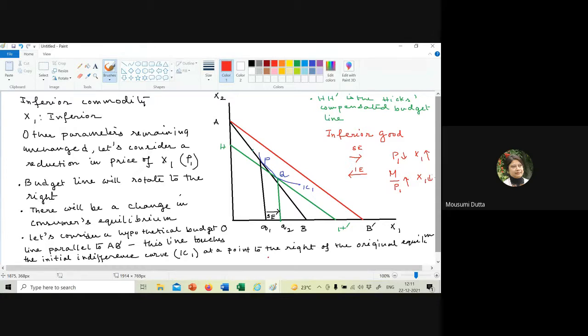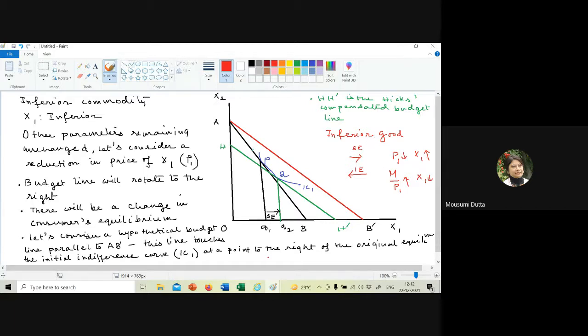The second possibility is that it will stop at a point which is in the line of P, so the substitution effect will be exactly equal to the opposite income effect. The third possibility is that the income effect will be greater than the substitution effect. In that case, we will settle at a point which is to the left of P. So there are three possibilities.